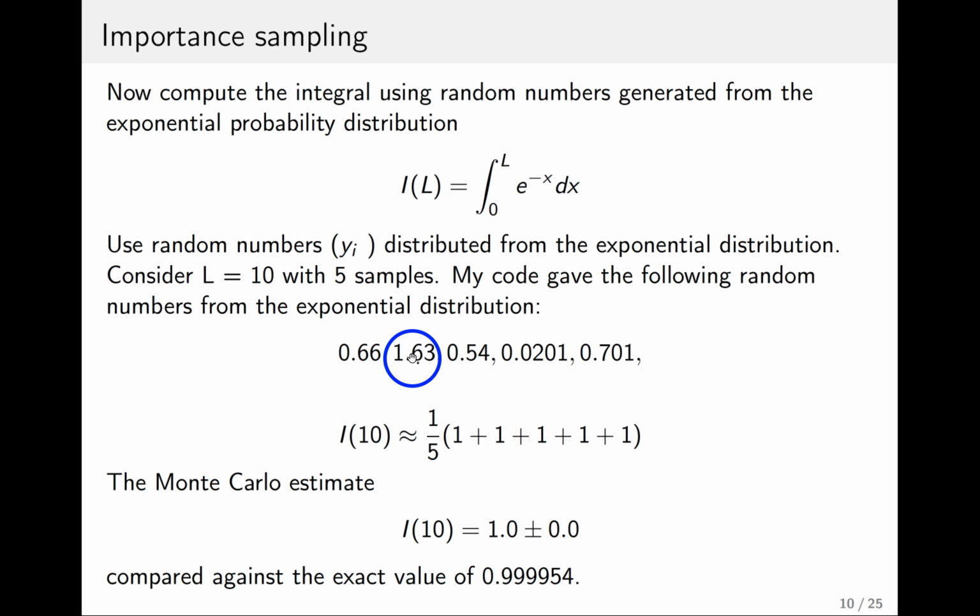However, when we do the calculation again for 10 samples, here we're computing this integral between 0 and 10, and we're using random numbers from the exponential distribution. So here are my random numbers. All the numbers are under 10, so they all get mapped to 1. Take the mean divided by 5.